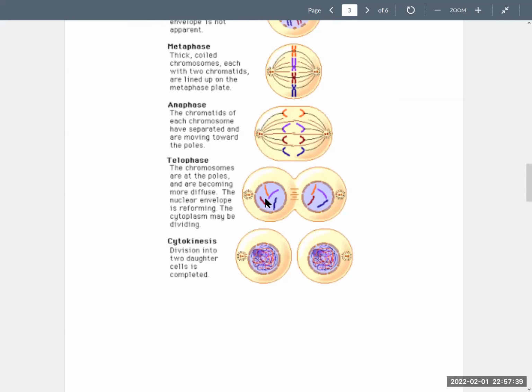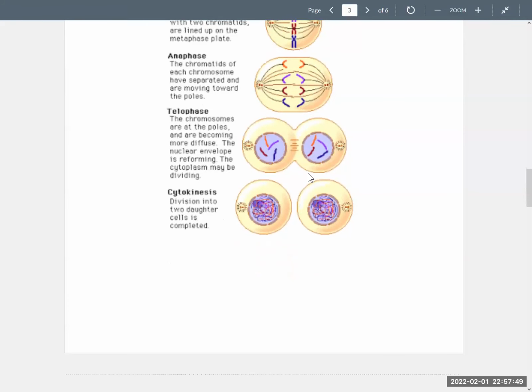This cell that's in the formative stage is exactly genetically like this cell. This is telophase. Telophase, this is the cell phase when we have cytokinesis, which is cell splitting.